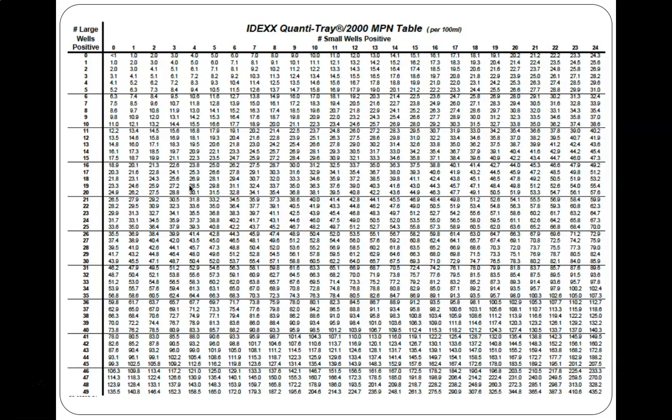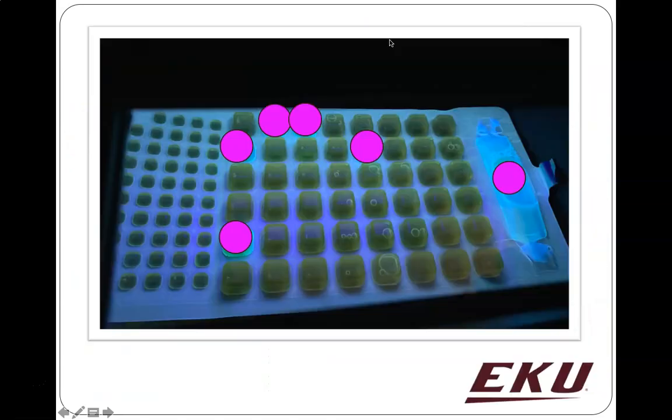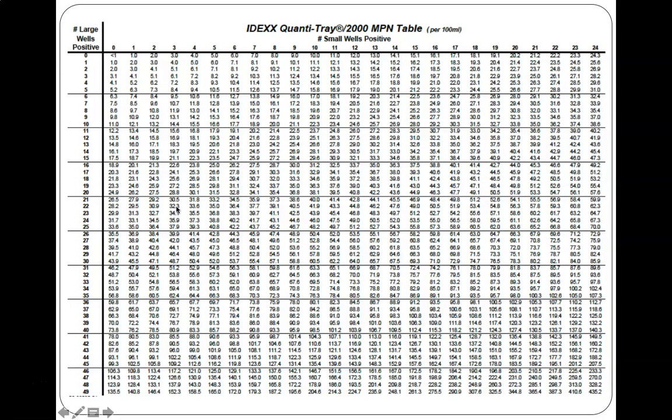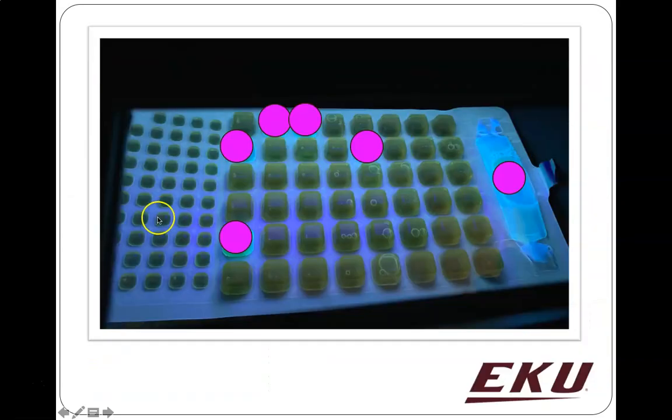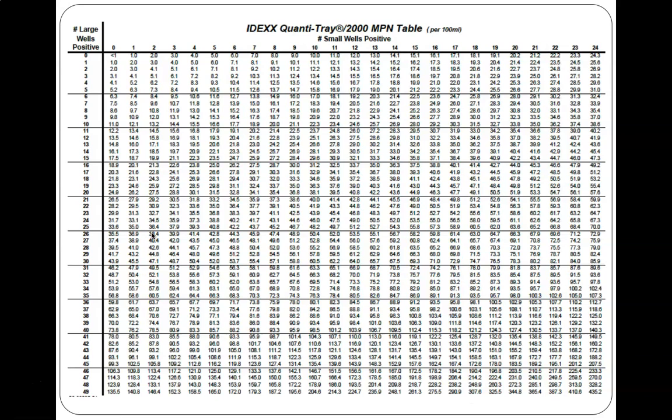So on the MPN table, we have the number of large wells here and the number of small wells here. Again, these are the large wells, including that big one, and then these are the small ones. So we have 6 large wells and 0 small wells. Now, there are 48 small wells on this particular quantity tray.